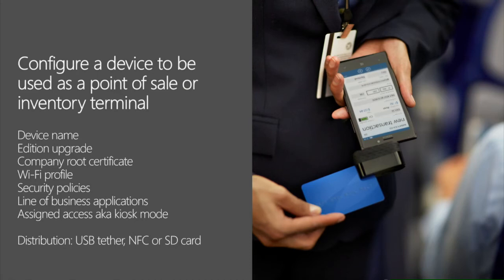And this package can be applied through USB tether. As we saw, you just plug this device into a PC, create a package, drop it on the device icon in Device Stage, and the package gets applied.